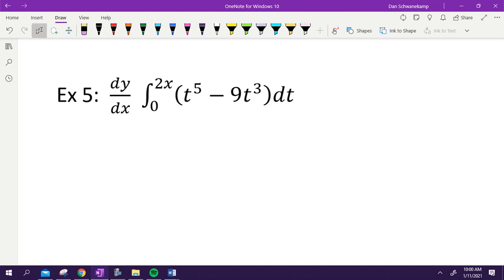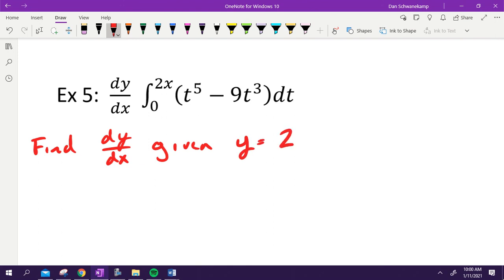Here's something they've been doing lately on this part. So pay attention to this. They've been doing this quite a bit lately, so follow along with what we're saying. They will say, like, find dy dx given, let's do a different one, y equals 2x plus the integral from 0 to 2x, 5t minus 9t cubed.